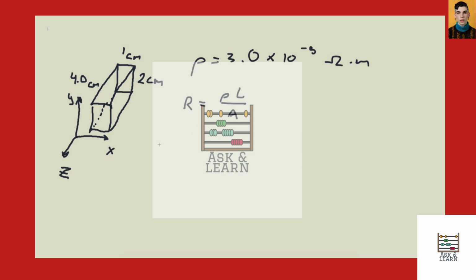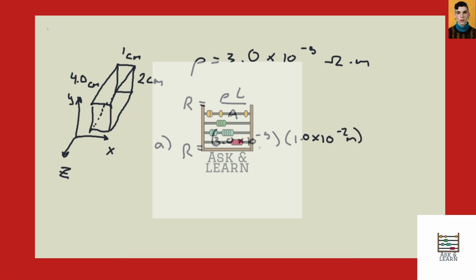through. So the first part of the problem asks us to calculate this going through the x direction. In this case, resistivity is the same as in every direction, 3.0 times 10 to the minus 5. But the length here is the x-dimensional length, which in this case is 1.0 times 10 to the minus 2 meters.